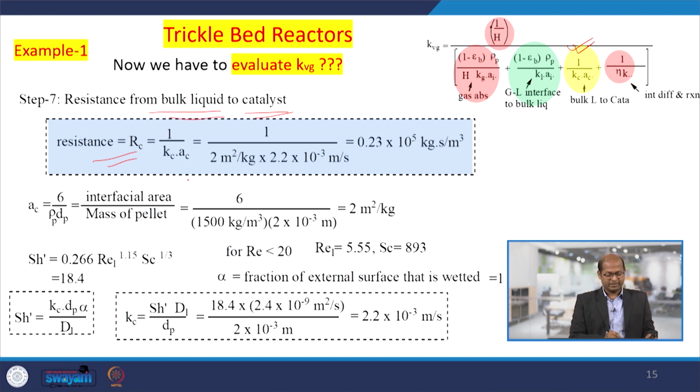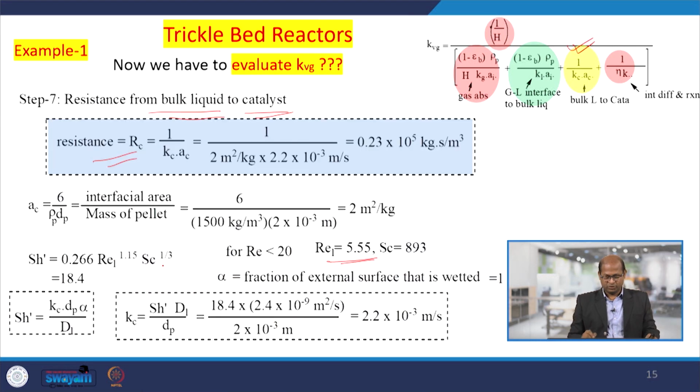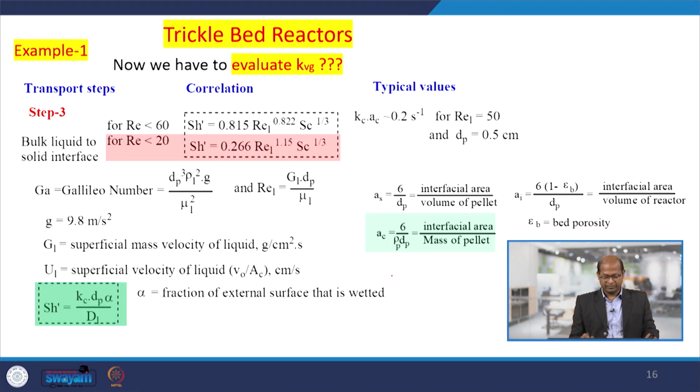So, here how can we find the k_C a_C value? Here I said the Reynolds number was 5.55, which we have found out. There are some correlations; 5.55 means less than 20. Okay. So, once the Reynolds number is 5.55, then these mass transfer correlations we have to use.